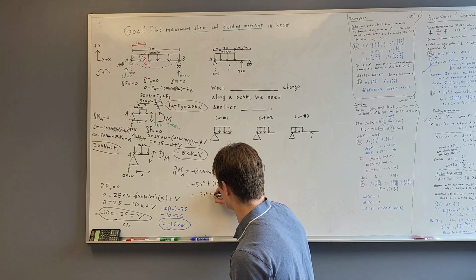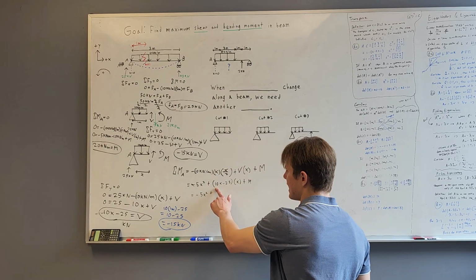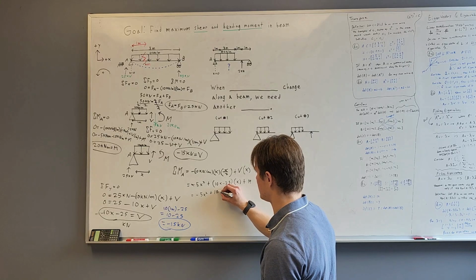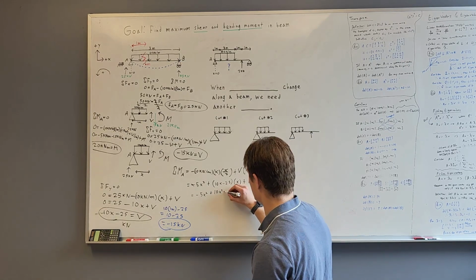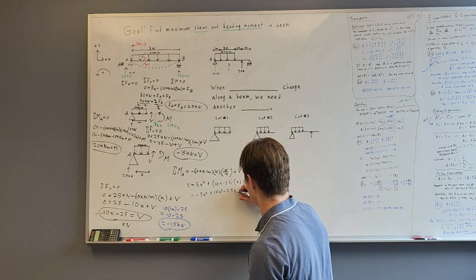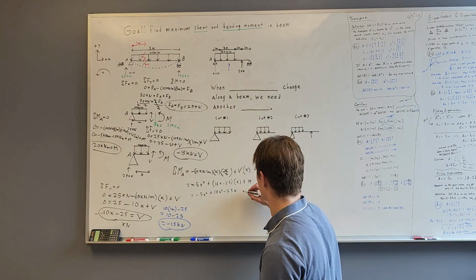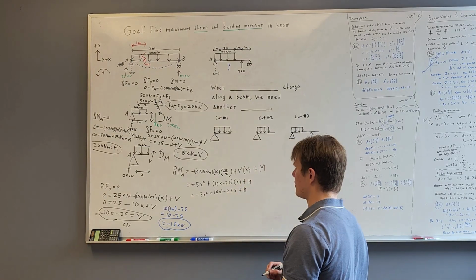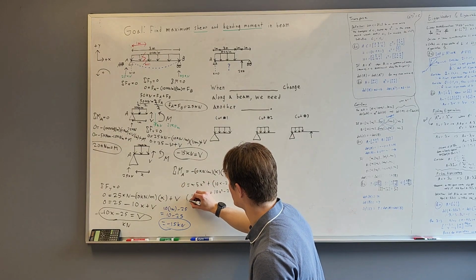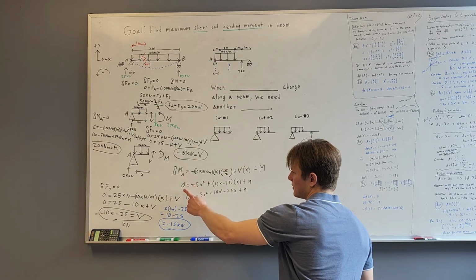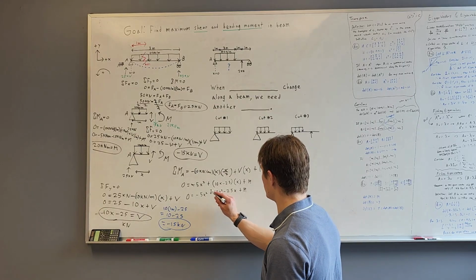Negative 5x squared plus 10x times x will give us 10x squared. Take away 25 times x, take away 25x plus M. And this should be a 0, because we know the sum of the moments is equal to 0.